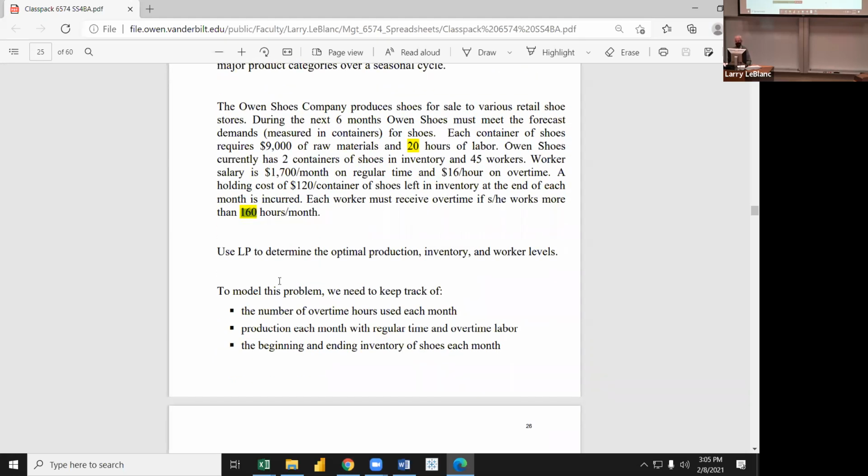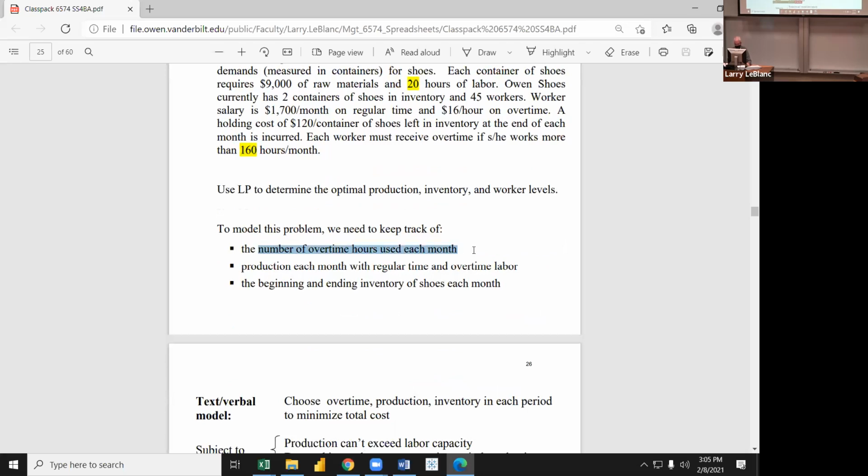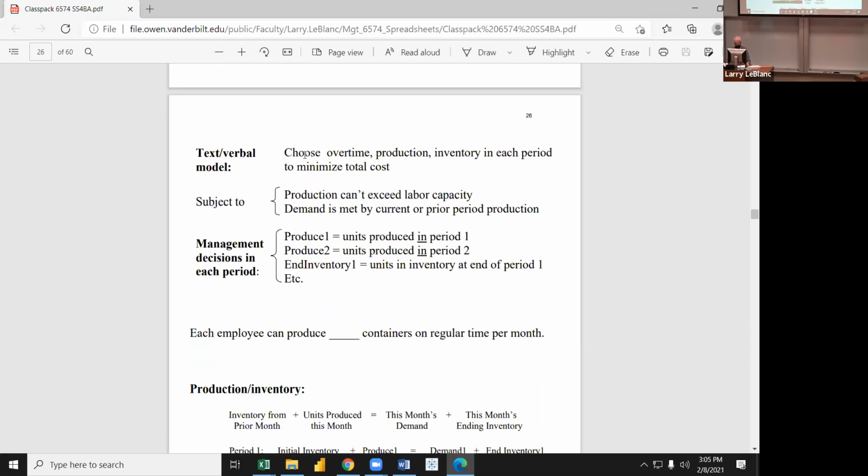Let's use linear programming to find the optimal production, inventory and worker levels. We'll deal with overtime hours, production levels, and inventory. Choose overtime: how many hours do you spend on overtime in each time period in the horizon? How much do you produce in each time period? How much inventory in each time period? And we'll need to worry about things like production cannot exceed the labor capacity, which is a changing cell.